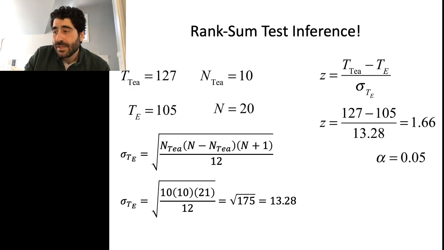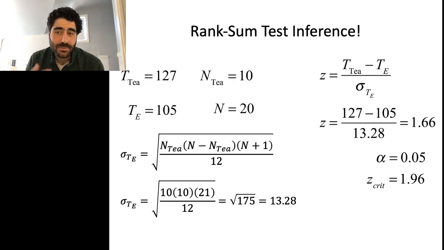And so if we want an alpha of 0.05, that corresponds to a critical z of 1.96 for a two-tailed test in the normal distribution. And so you can see we didn't quite make it, right? We're 1.66 standard errors away. We would need to be 1.96 standard errors away for this to be significant, right?